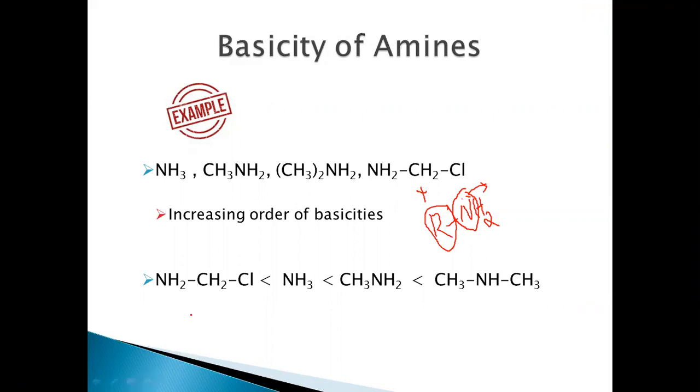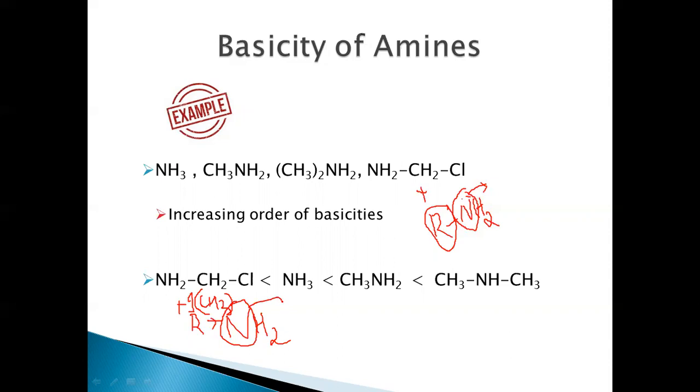Let's see. For example, if this R of RNH2 is a plus I group like the CH3 group, we know that CH3 is a plus I effect group, that means an electron releasing group. It releases the electrons into the system, which in turn increases the electron availability on nitrogen.